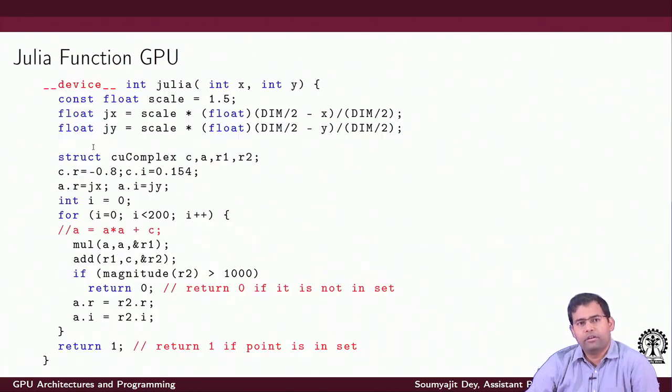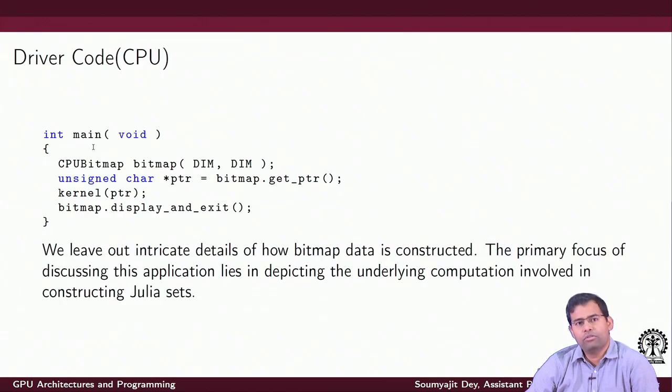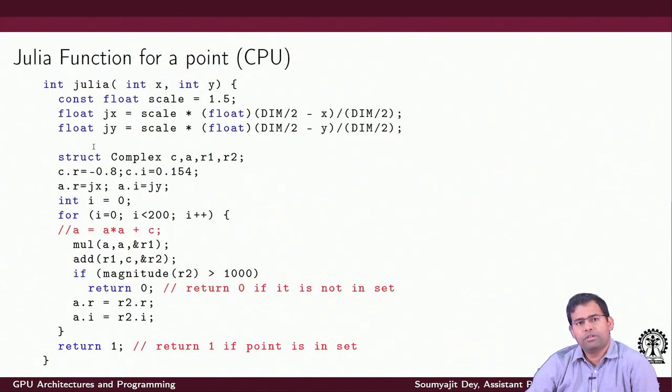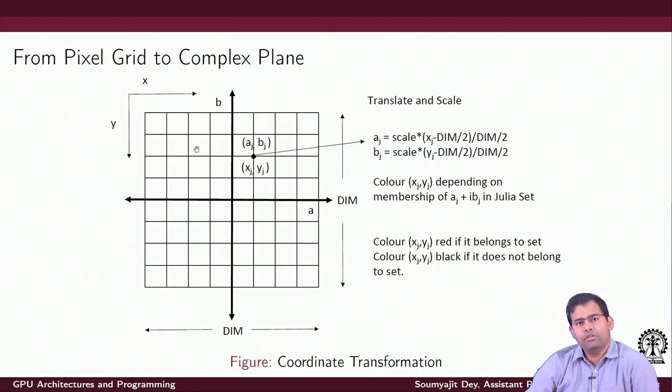I hope that is clear. So we go back to this nice picture here. Essentially we are saying that we are launching as many blocks as there are pixels, with only 1 thread per block.